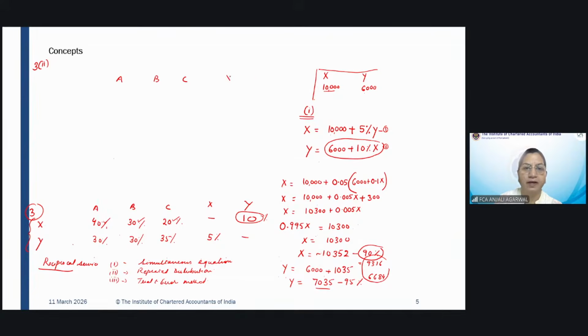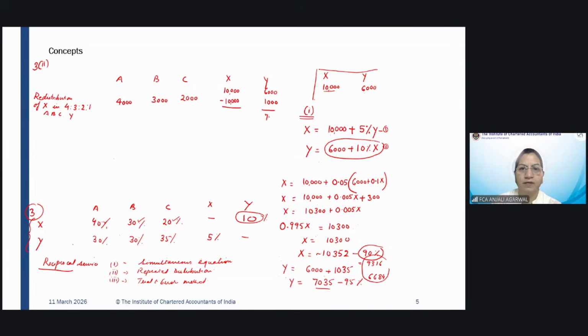A, B, C, X, Y. I'll write here 10,000 for X and 6,000 for Y. And now I will redistribute X in the ratio amongst ABC as 40%, 30%, 20%, and 10% in A, B, C, and Y. So when 10,000 is distributed, what do we get? 4,000 goes to A, 3,000 goes to B, 2,000 goes to C, and 1,000 goes to Y.